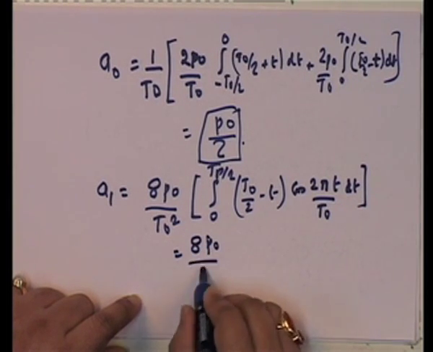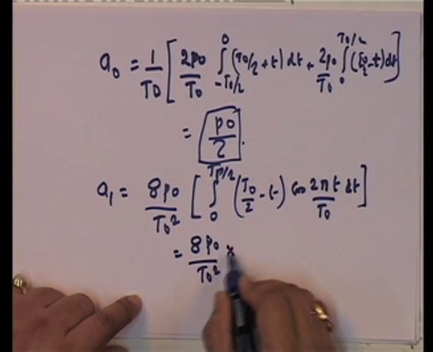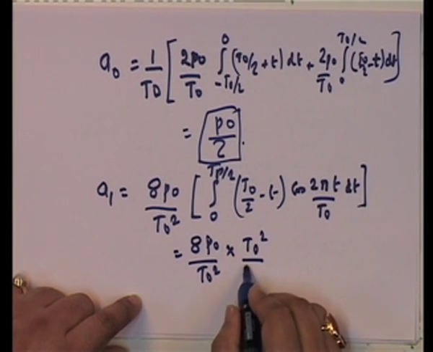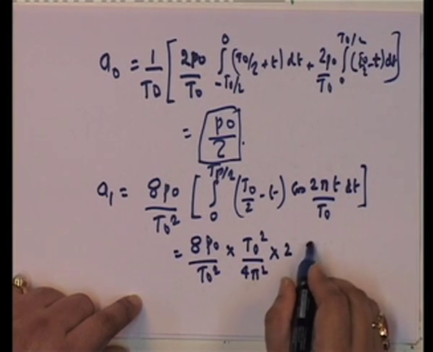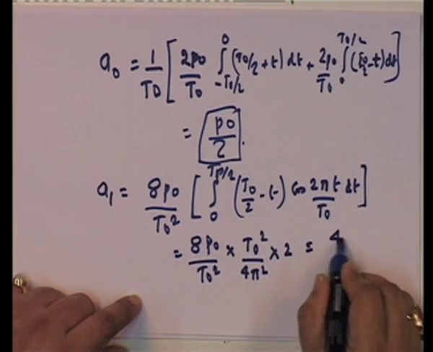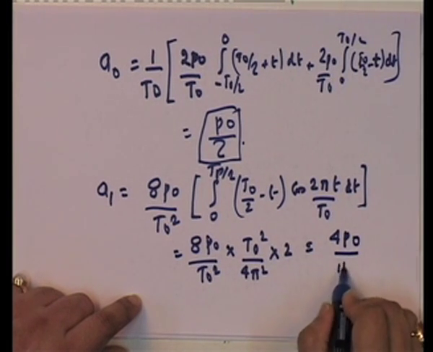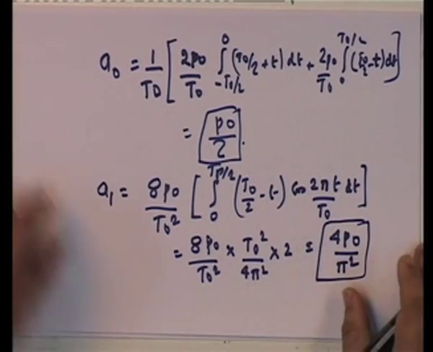It is going to be 8 P naught T naught squared upon 4 pi squared into 2. If you do not know how to integrate, just go through the process. So, this becomes essentially 4 P naught upon pi squared. That is A 1. Okay.